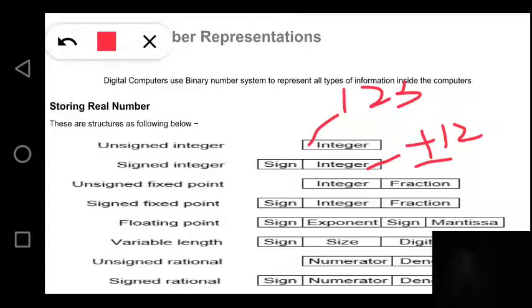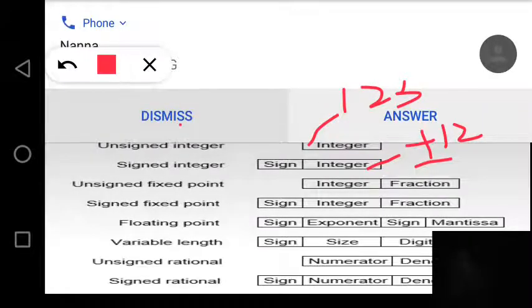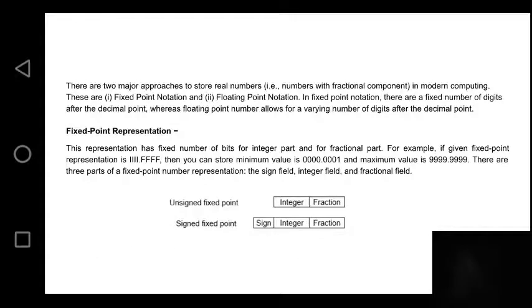One is fixed point, other is floating point. Next, variable length, unsigned rational. Like that we have so many things.